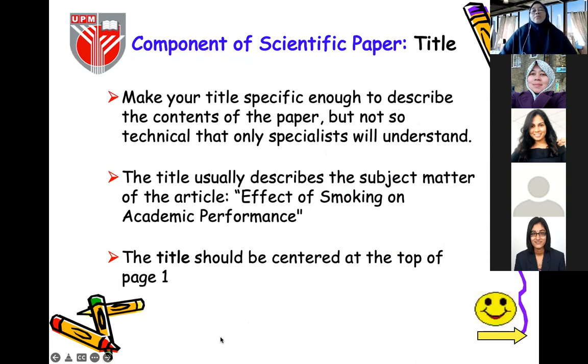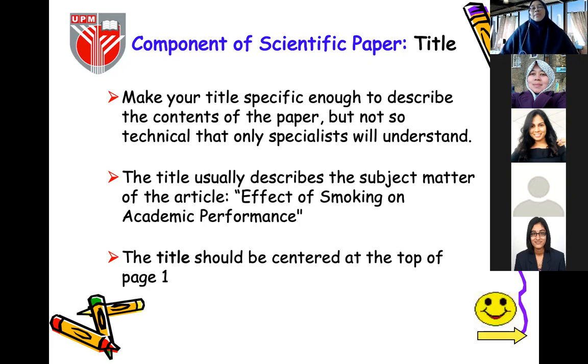So title, let's talk about title. This is very important. When we talk about publishing, title is very important. If it is a thesis, the title, of course, must represent the whole research that you have done. You must try your best to represent everything.